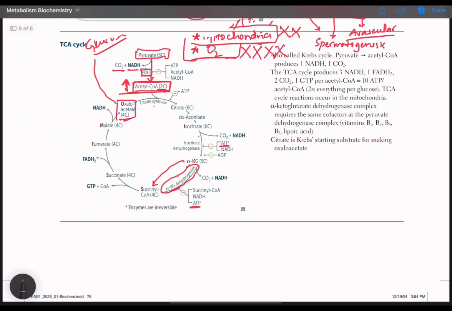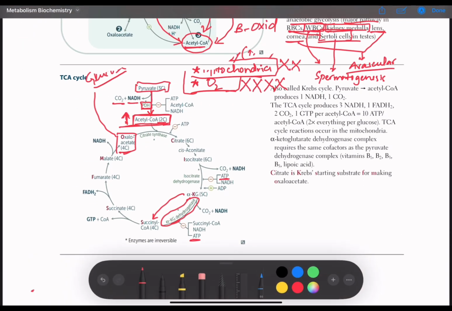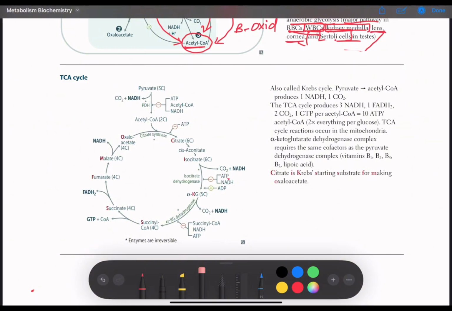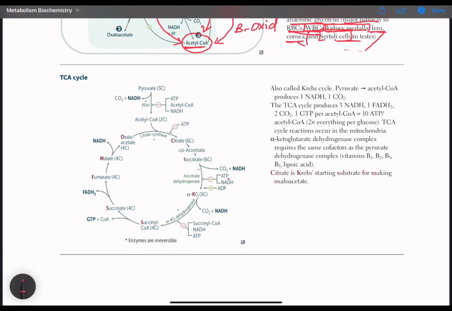Now at last we have the TCA cycle. It is also called the Krebs cycle or citric acid cycle. The mnemonic for the intermediates is: citrate is Krebs' starting substrate for making oxaloacetate.